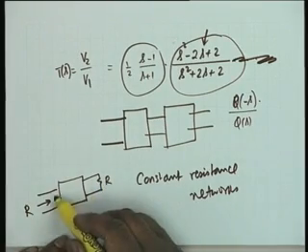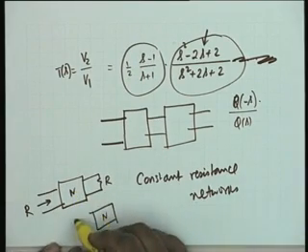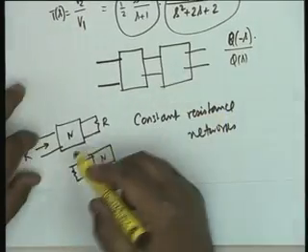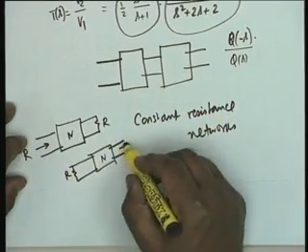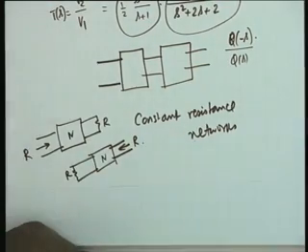That is, if it is terminated at this side, the same network, if it is terminated here with the same resistance R, it again gives a resistance R. This is the definition of a constant resistance network.